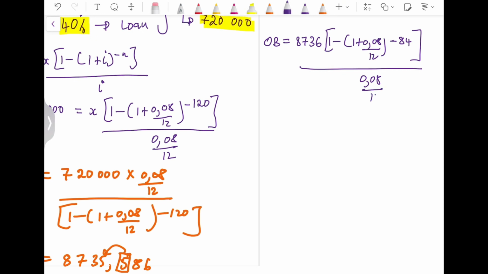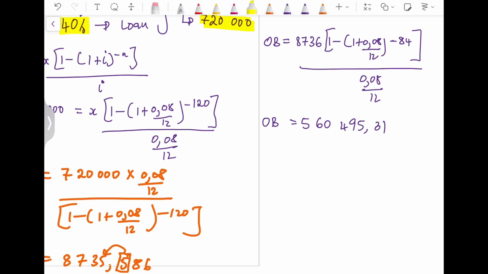0.08 over 12. And then from here, our calculator will give us our outstanding balance as, okay, let me see. So we are getting our outstanding balance as 560,495.31.